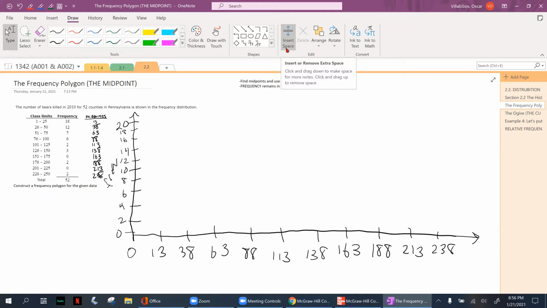So for the first class, my midpoint was 13 and my frequency was 18. So that's going to go up there. At 0, there was nothing, so that's going to be a 0. At 38, I had 12.